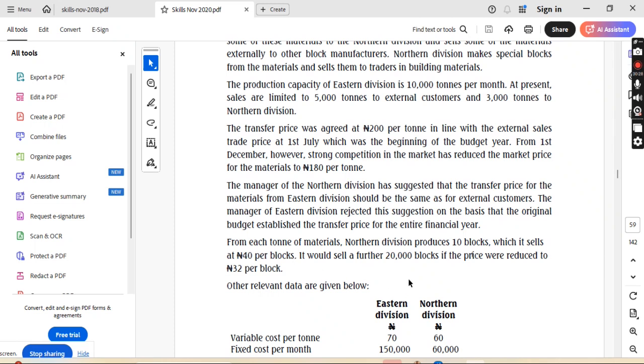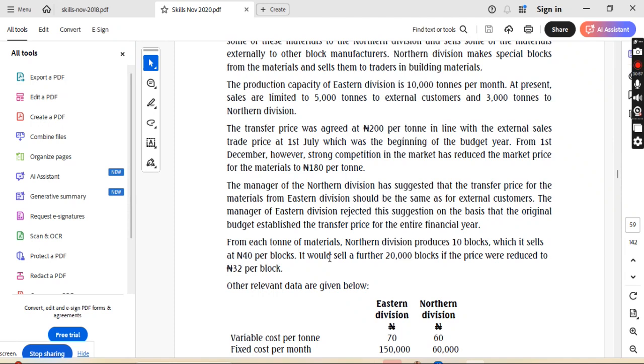Apart from that, they would still sell further blocks if the price were reduced to 32 naira per block. So if the Eastern Division reduces the price to 32, they will sell more blocks, making the total number of blocks.